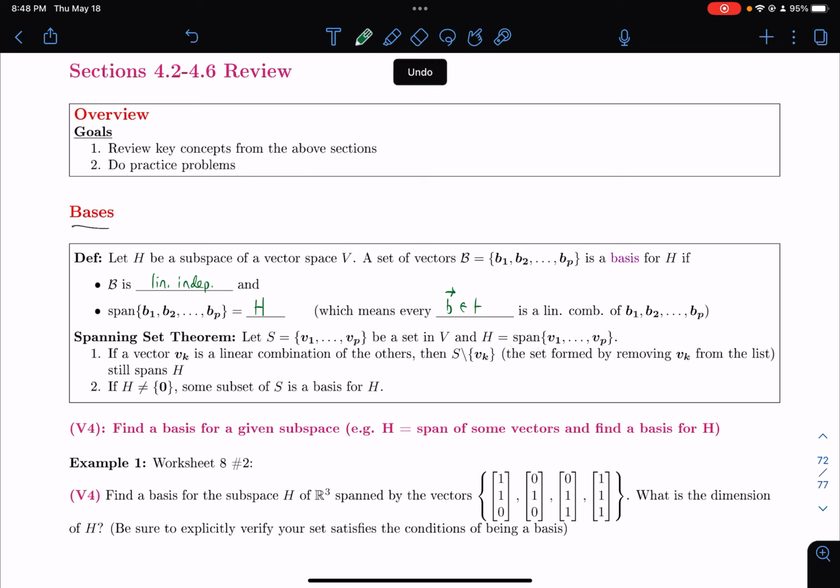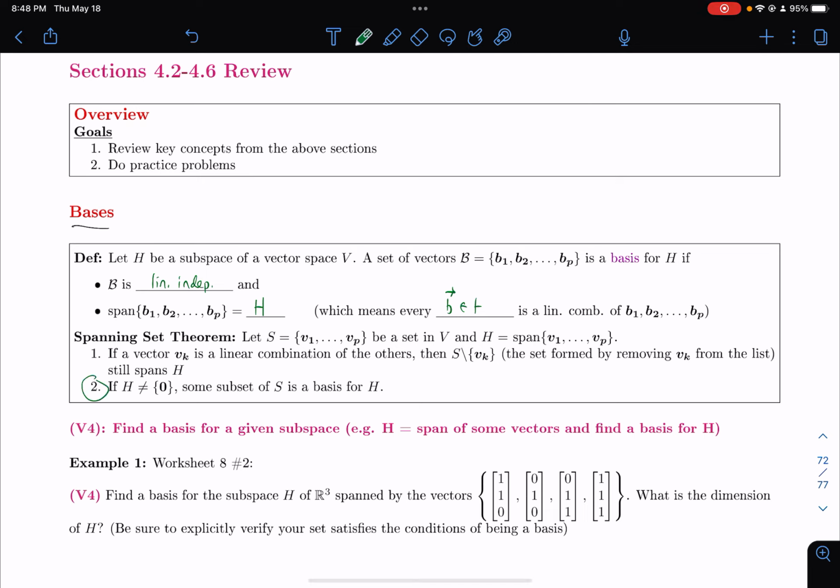I'm going to call that subspace H. The first part of the spanning set theorem says, if there happens to be one of those vectors, vk, that's a linear combination of the others, then if you just remove that vector vk from your list of vectors, the remaining vectors still are going to span the subspace. It won't change the span if you remove a vector that's a linear combination of the others.